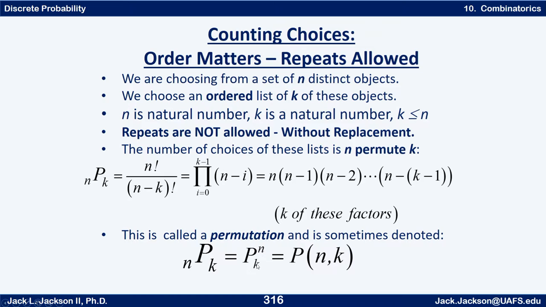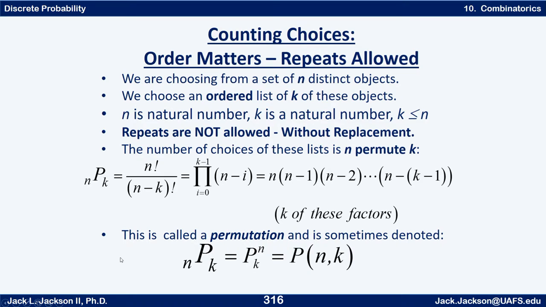You can also sometimes see it with n as the superscript and k as the subscript. I don't see that one as much, but you often see it as P(n,k). I have also seen it written as P of n and k as well. So there are a couple of different versions, and we'll see a little bit more about this in a minute.